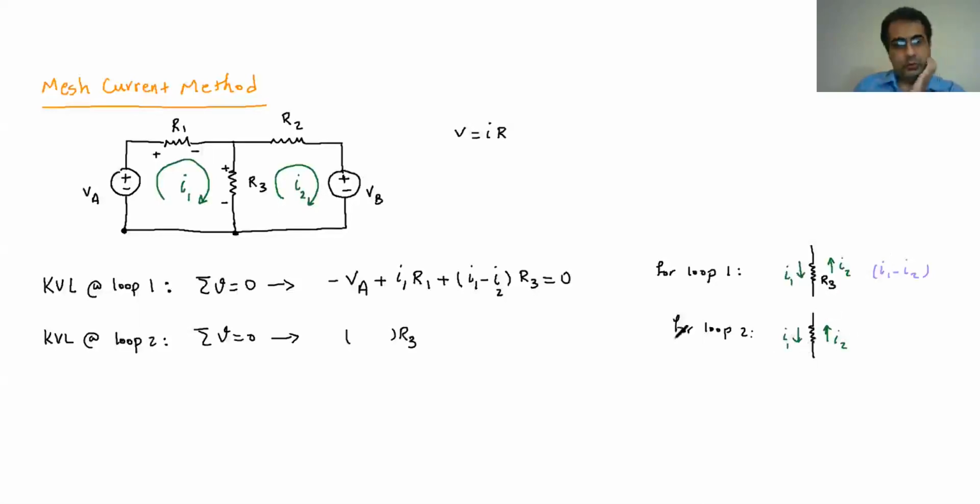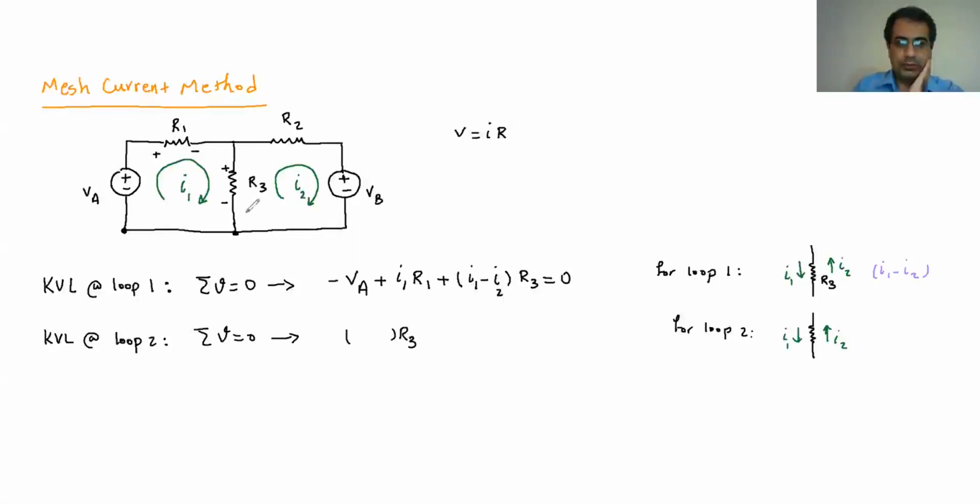Now when I'm in loop 2, look here, the direction I'm rotating is going from bottom to top. So I2 has the same direction as I rotate, and I1 is opposite to the direction I'm rotating.